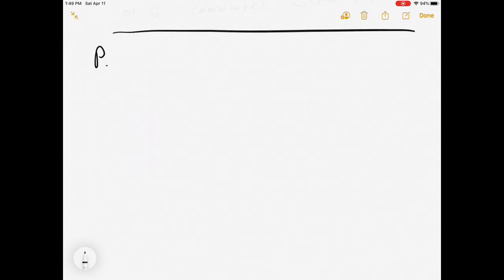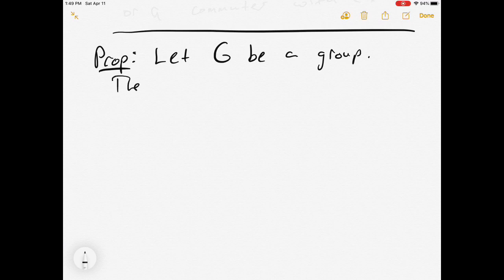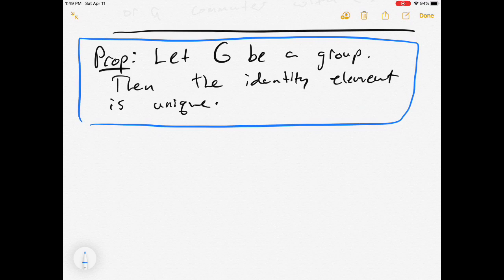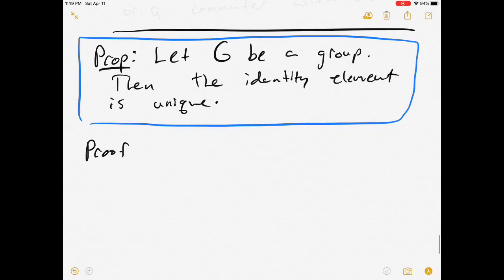Here's another proposition. Let G be a group. Then the identity element is unique. Here's the proof.